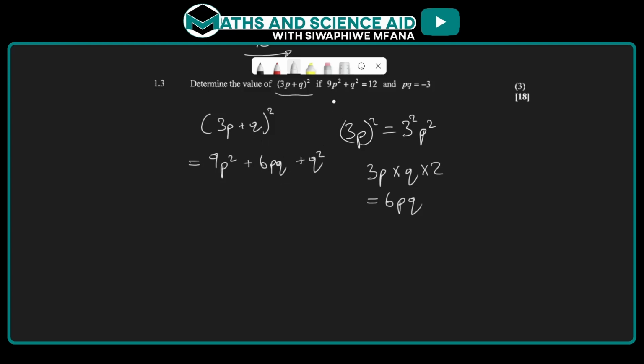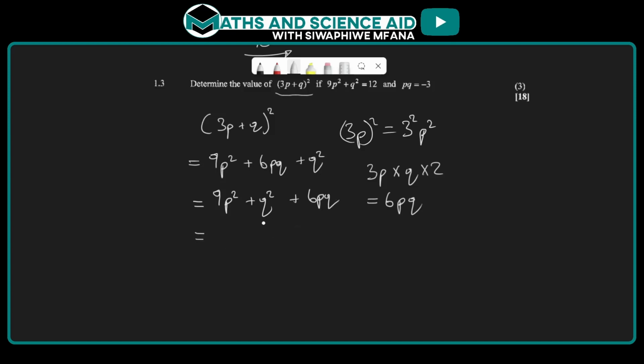Okay? And then note what they told us here in the question. They told us that 9p squared plus q squared is equal to 12. And we know that, again, because of the commutative rule of addition, the order does not matter, so we can change the order of these terms into 9p squared plus q squared, and then we carry down the 6pq.